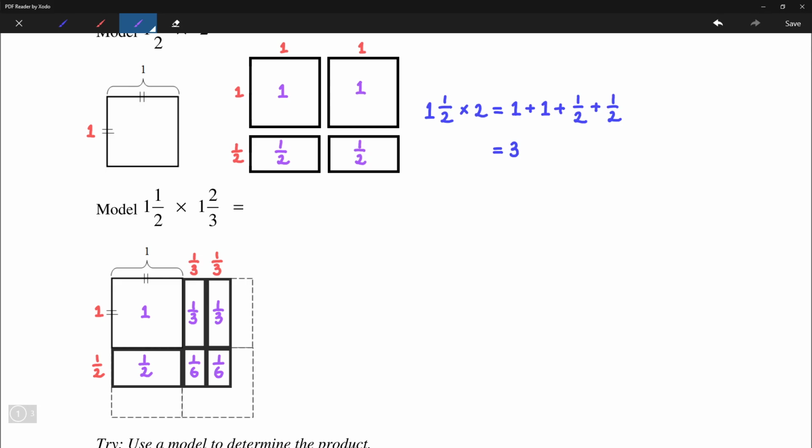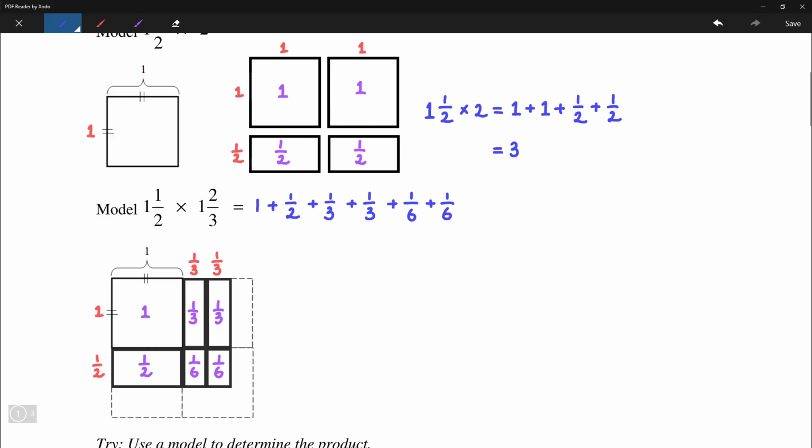So what that means for us is that if we're looking at 1.5 times 1 2/3, we have the following areas to consider. We have 1 plus 1/2 plus 1/3 plus 1/3 plus 1/6 plus 1/6.